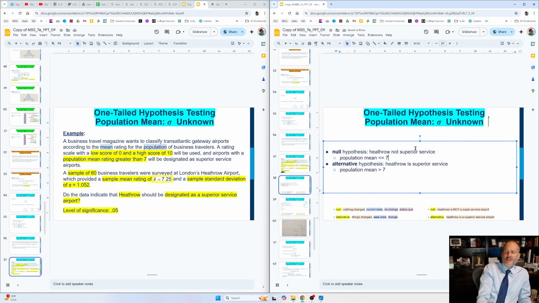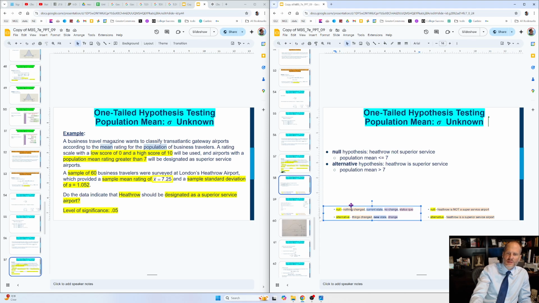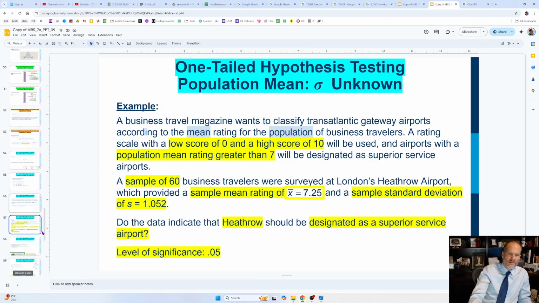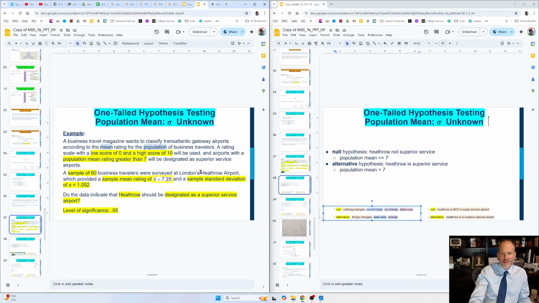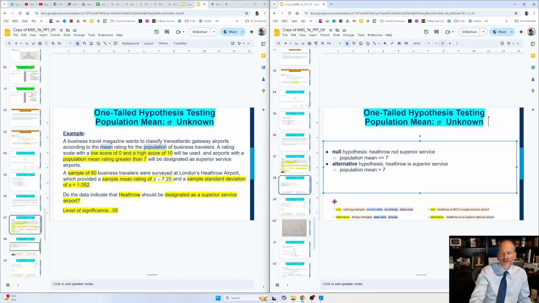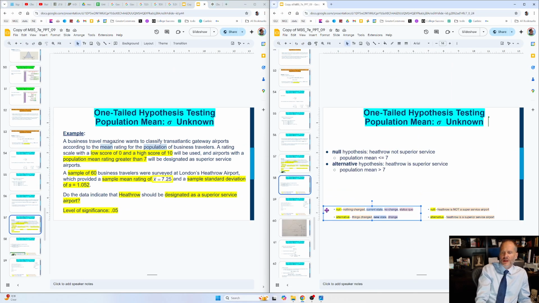So you kind of just have to think through the population mean. If you're going to have equality, the one other rule, so these are the two rules for the population mean right there. I'm just going to go back to this one here. It's kind of nice to see them side by side as you're thinking about this, because you could pause the video. These are the rules for determining our null and alternative hypotheses: the ideas of the status quo, no change, current state, nothing changed.